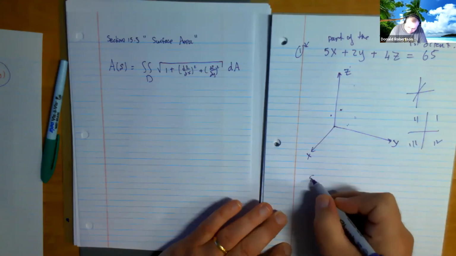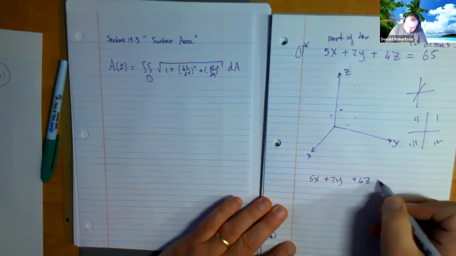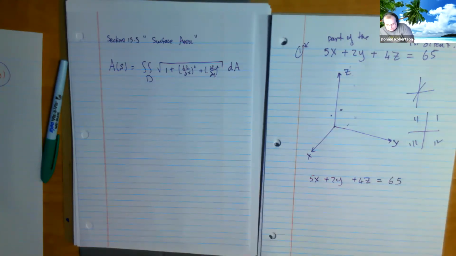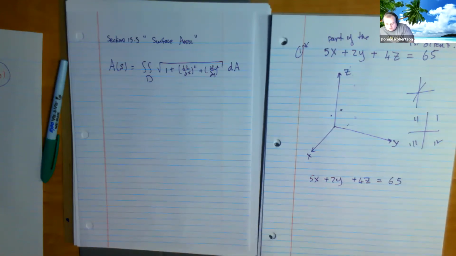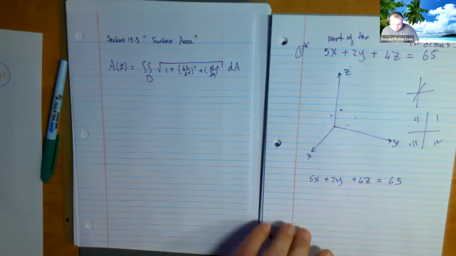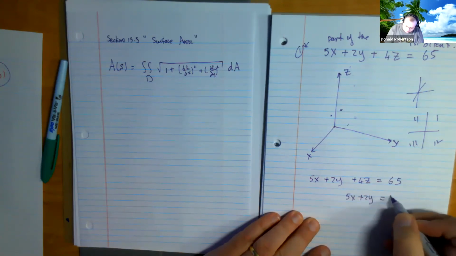So I'm going to have to find what D is by first figuring out what the region on the ground is. When you're on the ground, isn't Z 0? So what we have is 5x plus 2y equals 65.